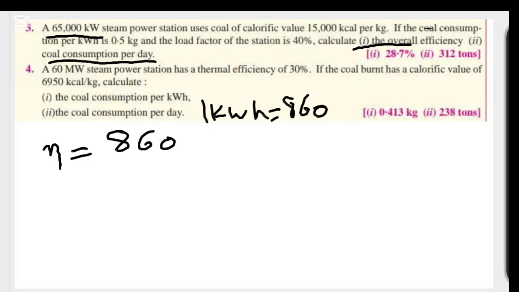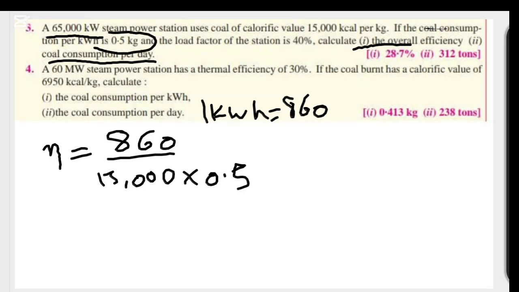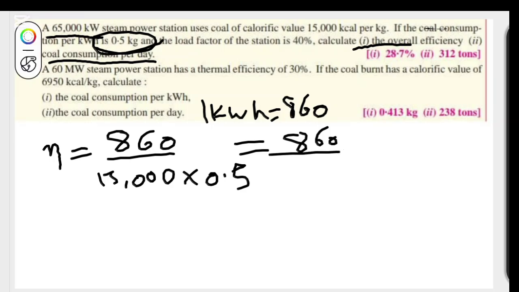So I will say 860 divided by the calorific value, which is 15,000, multiplied by 0.5. So where is 0.5? This is 0.5. So this is the same thing as 860 by 7500.